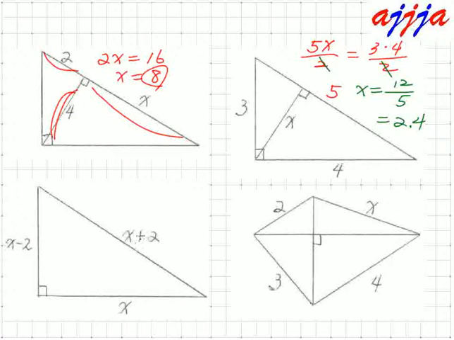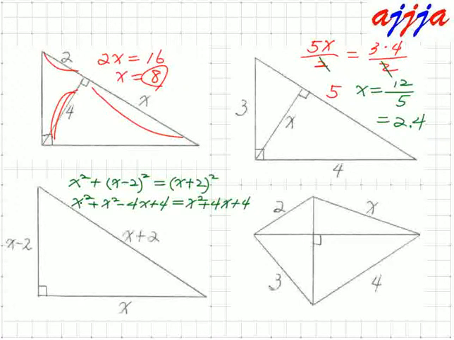Pythagorean theorem, right? That's right. This is the hypotenuse. That means x plus 2 squared. Let's try. This one squared plus this one squared, so it goes like this: x squared plus x minus 2 squared equals x plus 2 squared.